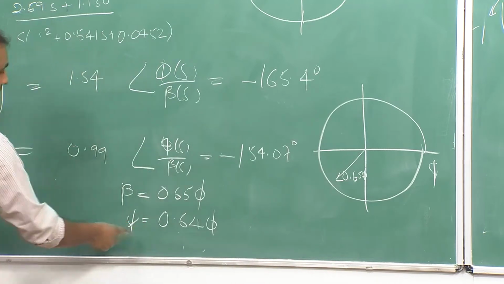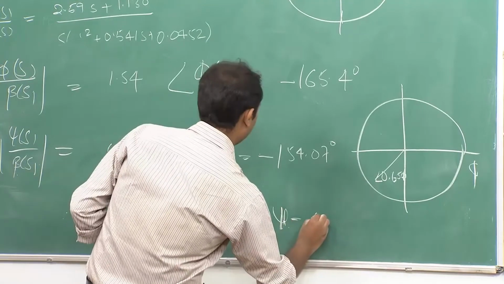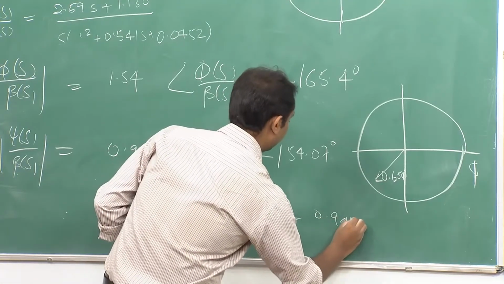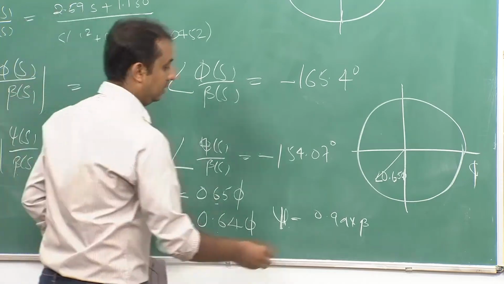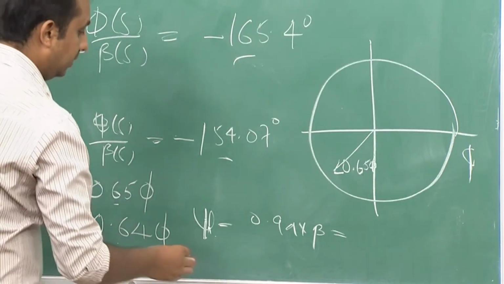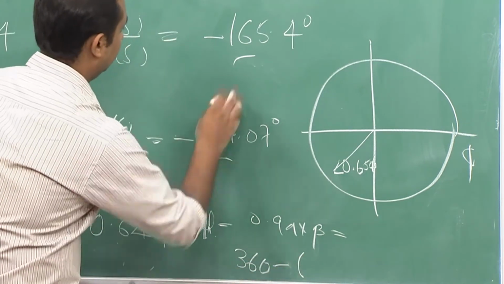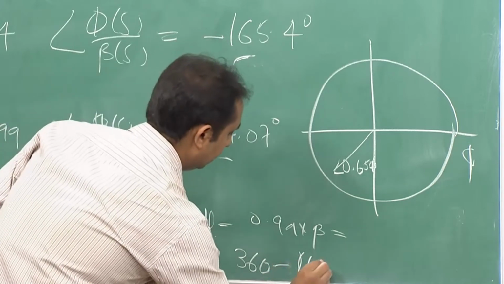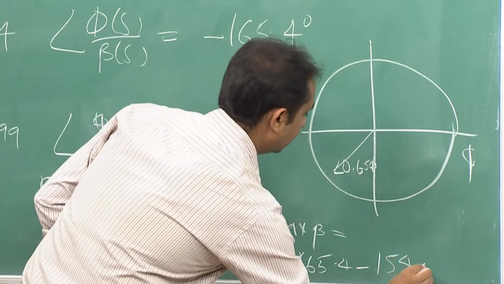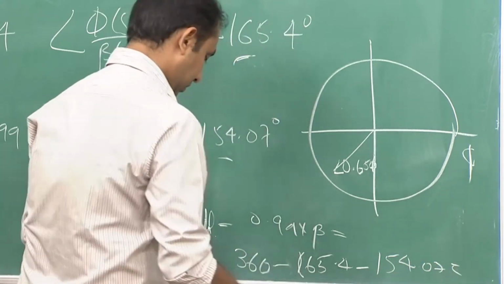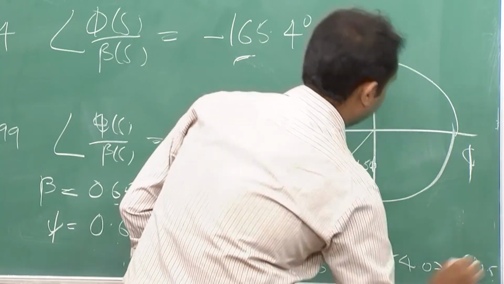And since psi is obtained by 0.99 times beta and beta is already 0.65 times phi, the angle which you will be getting is 360 minus of 165.4 minus 154.07, which will be around 40.53 degree.